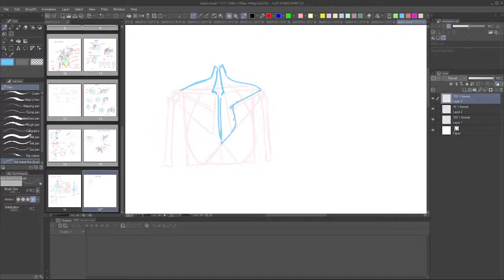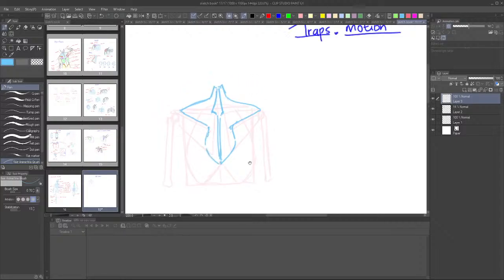So it wraps on top of the acromion. It forms like this, the traps on top of the acromion, then it closes like that, all right?